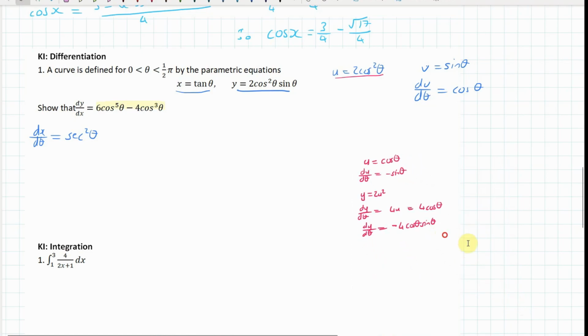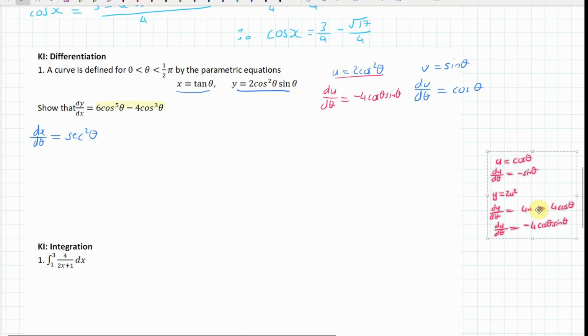Now, just make this a bit smaller. Okay, so that means that dv d theta is equal to negative 4 cosine theta sine theta. Now we can use the product rule.